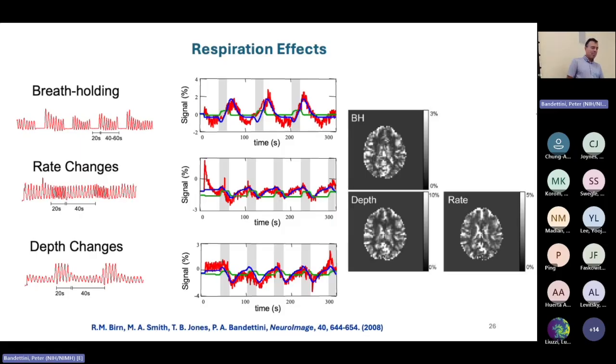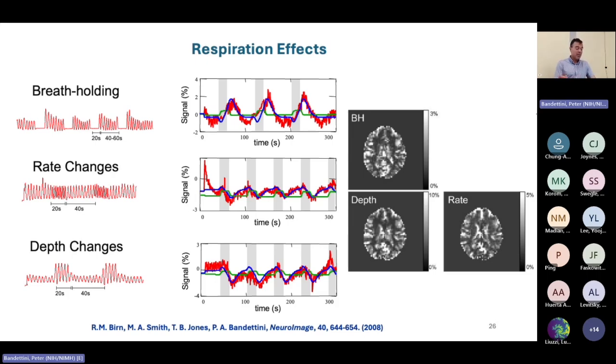We tried everything, and it didn't really reduce the breathing effect. And to this day, we don't know exactly why, but one reason that we suspect is that the convolution kernel varies enough over space that you don't really get a good regression.